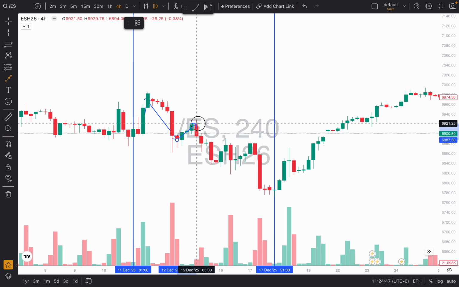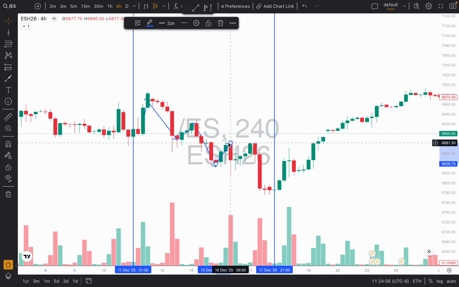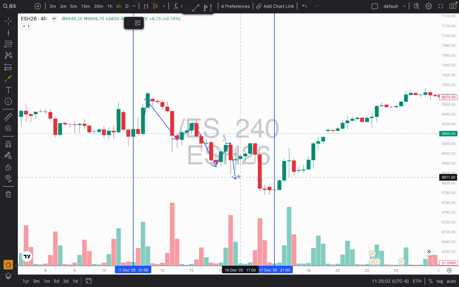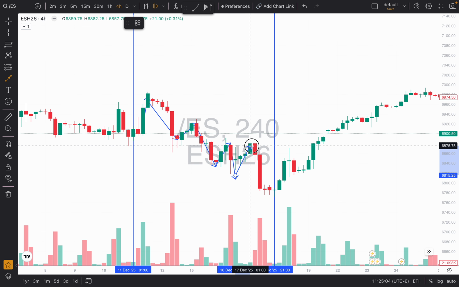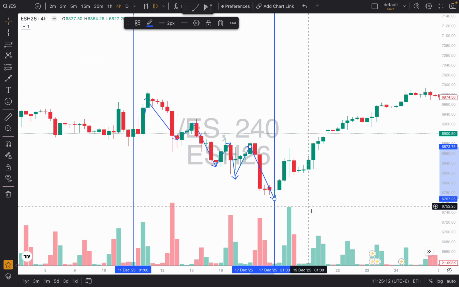We got the move up, lower high. Then we got a lower low. Then a lower high. Then a lower low. Then a lower high. Then a lower low, right? So this is a downtrend: lower highs and lower lows, right?